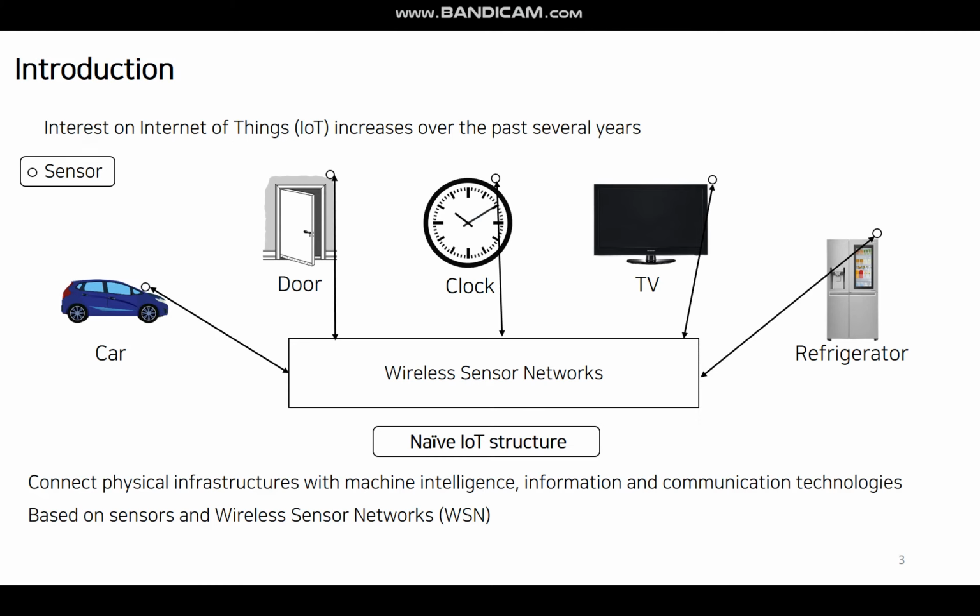The interest in Internet of Things has increased over the past several years. So here is the figure of the naive IoT structure. Every single thing, such as car, door, clock, TV, and refrigerator, is connected to wireless sensor networks via the sensor attached to each thing.